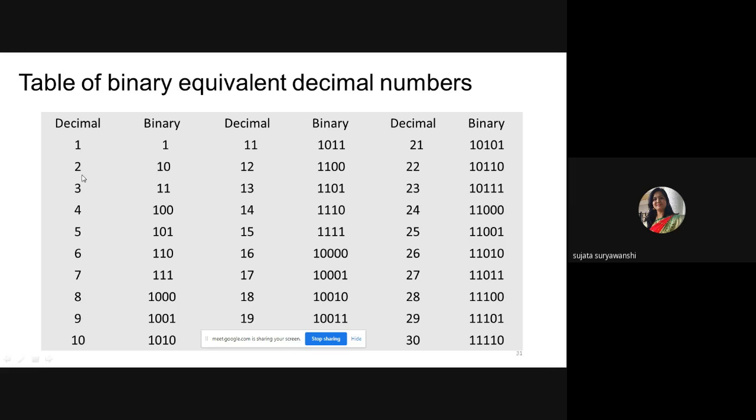For the second one, that is 2. For the decimal number 2, how will you write the binary number? 2 raised to the power 0 is equal to 1, and 2 raised to the power 1 is equal to 2, and your decimal value is equal to 2. So simply you need to write down 1 at the second place, and at the last place you need to write down 0.